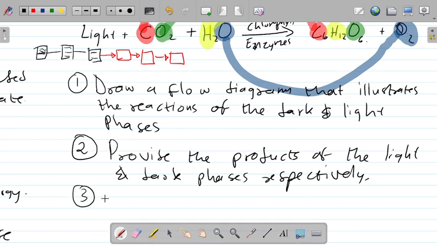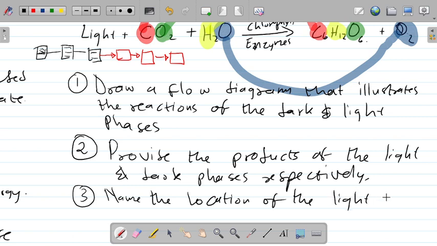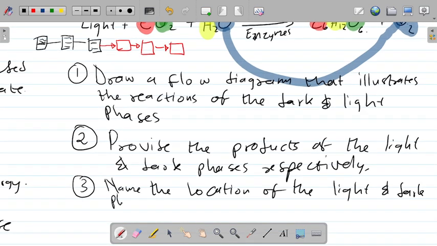Number 3, name the locations of the light and dark phase in the chloroplast. Right, get to it.